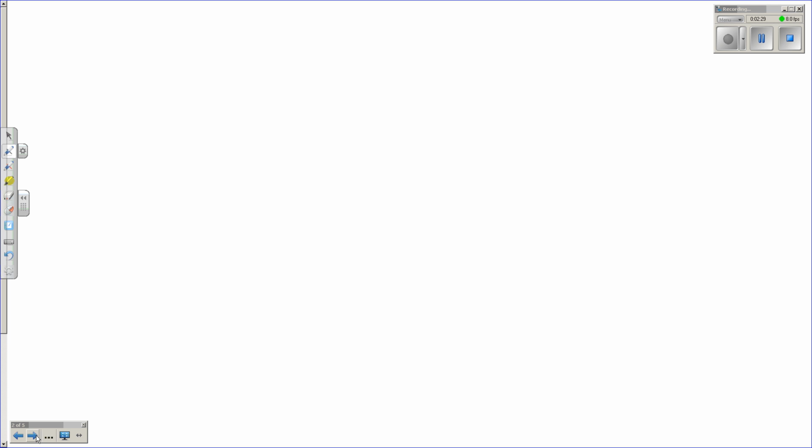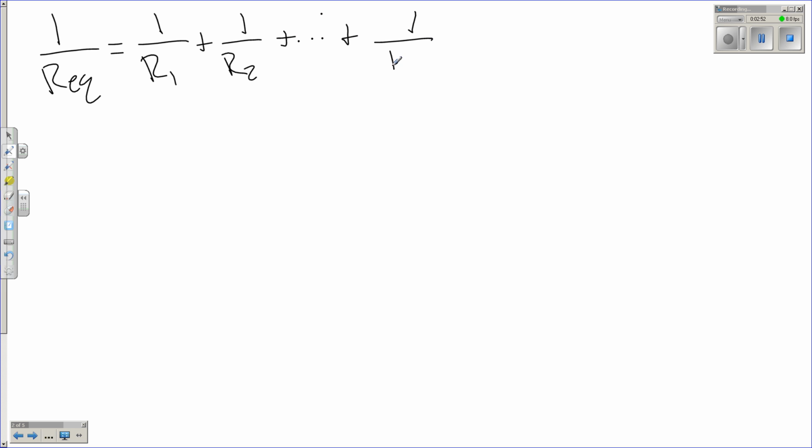What we've got to do is take the inverse. So the inverse of the equivalent resistance is equal to the inverse sum of parallel resistances. So what does this look like?